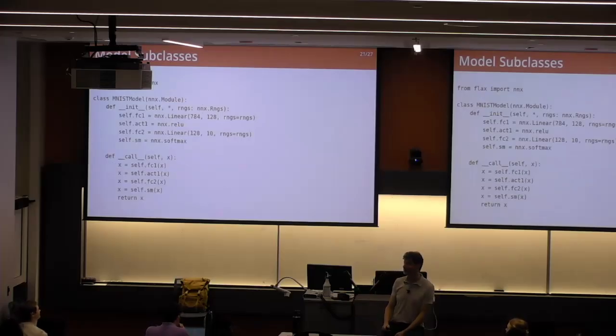Is that 10 features? Yeah, that's why this is 10, because the output has to be one of 10 different digits. So this is an input of 784. It goes down to 128 numbers, and then it goes from 128 to 10.